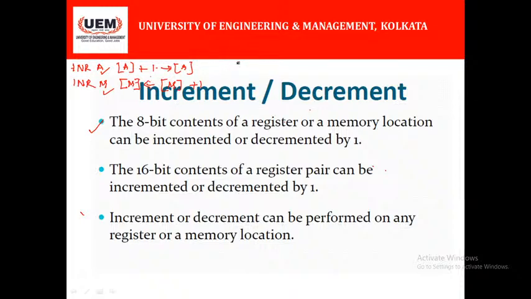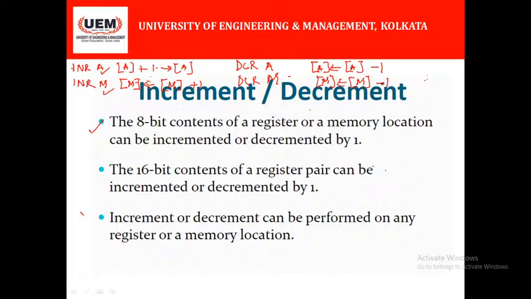The same applies for decrement. For decrementation, the instruction is DCR. So DCR A represents that the value of the accumulator will be the value of the accumulator minus 1, and similarly DCR M represents that the value of the memory location M will be the value of memory location M minus 1.